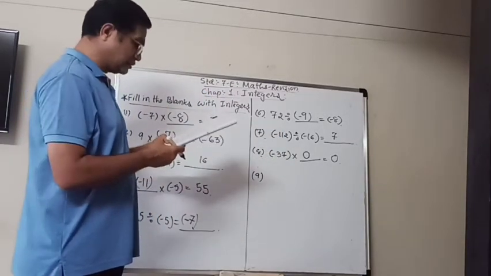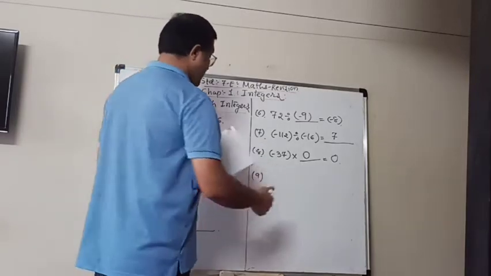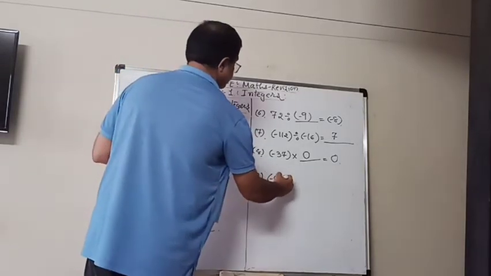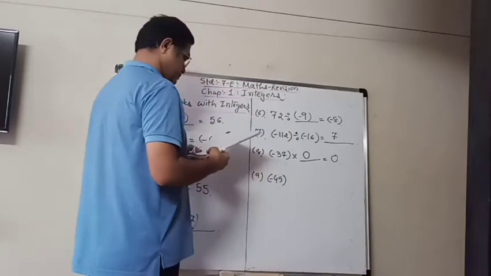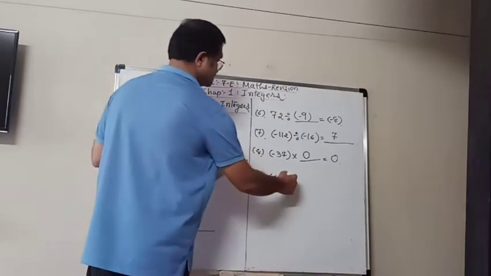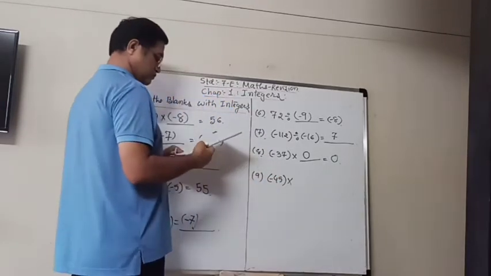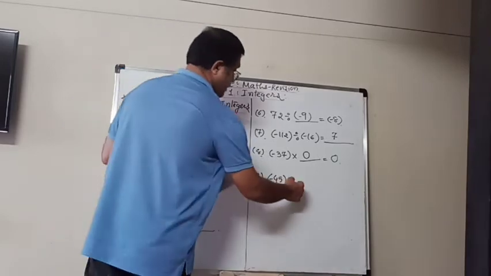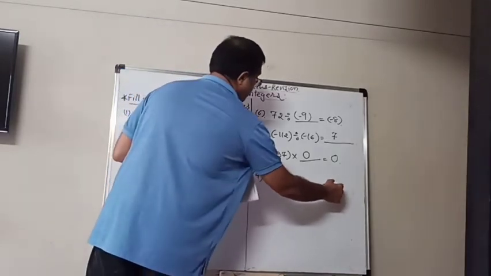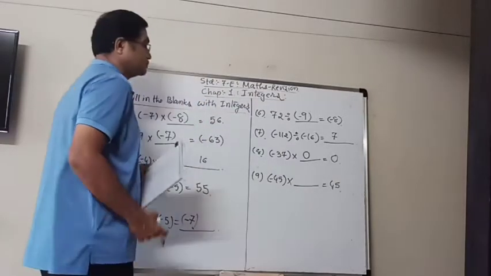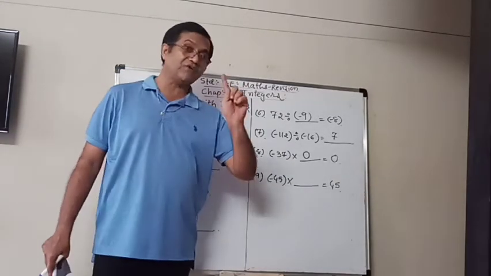Now the ninth one. Minus 45 multiplied by blank is equal to 45. Now we know that 45 ones are 45.